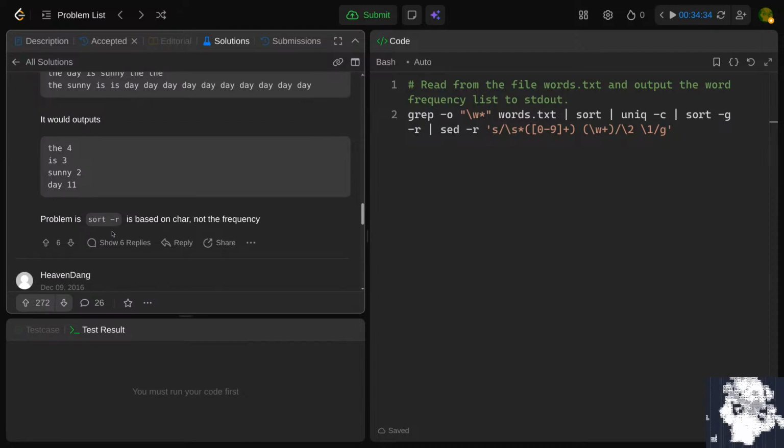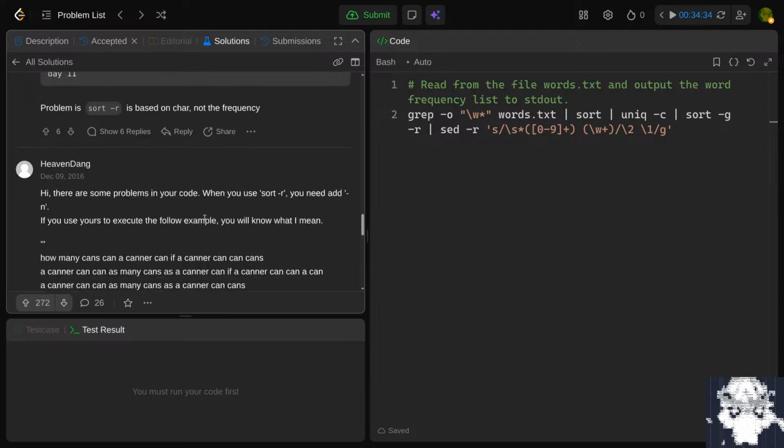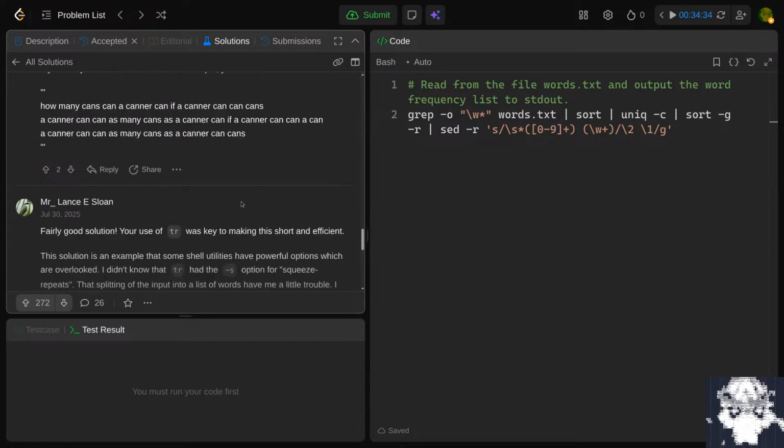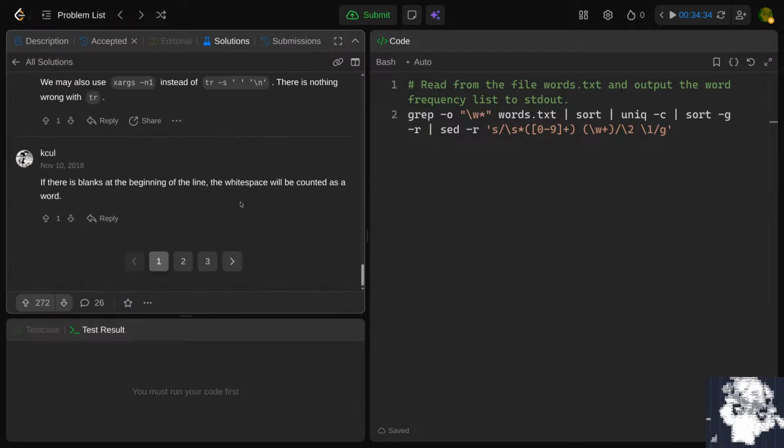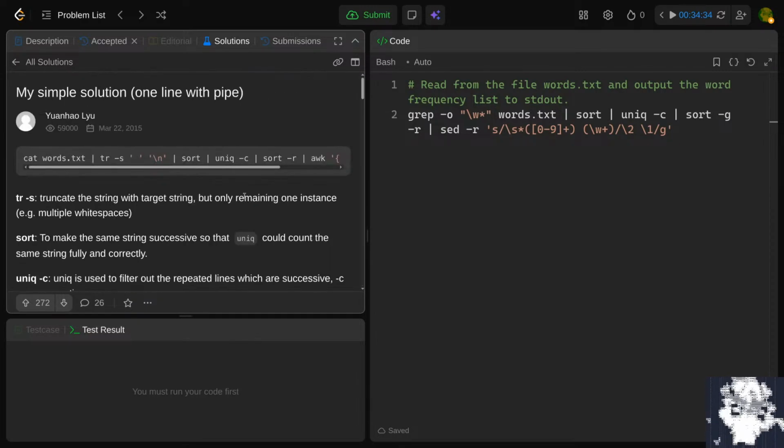But we fixed this by doing -G to do a, or I can't remember. Didn't we add something to sort based on numeric order? Anyway, this is pretty close to ours.